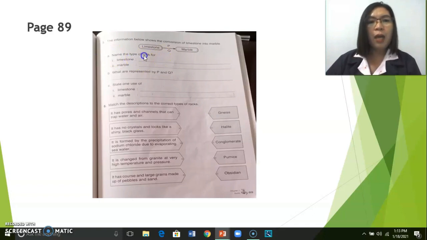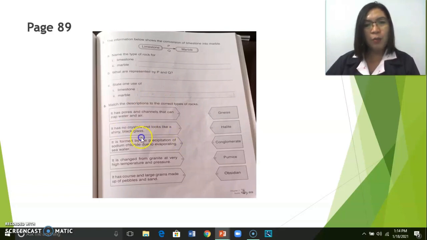Now, name the type of rock for each. Next, we have the question, what are represented by P and Q? What is P? What is Q? You will see this in the video if you watch carefully. Next, we have letter C, state 1 use. What is the use of limestone? What is the use of marble?